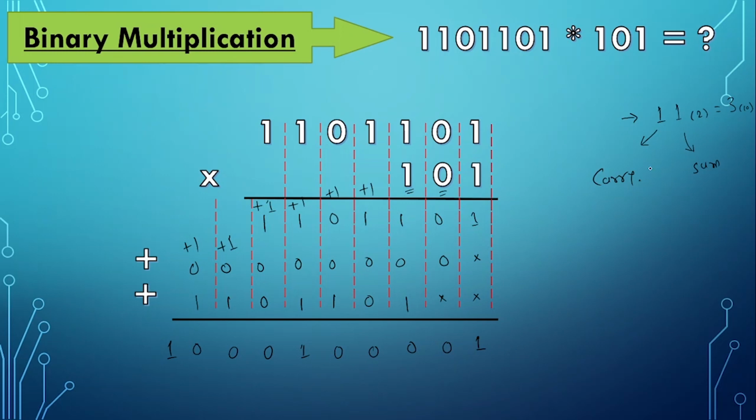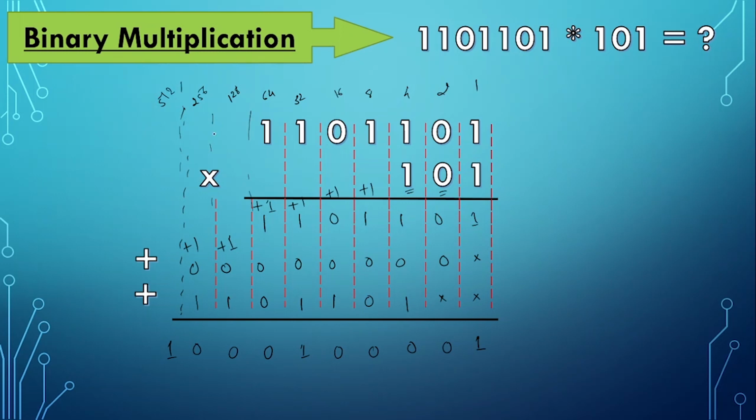Now let us verify whether our answer is correct or not. So for that, we will simply write the increased power of radix, that is 1 2 4 8 16 32 64 128 256 512.